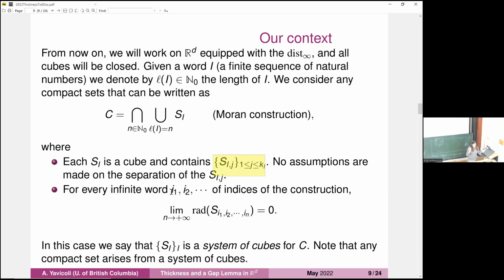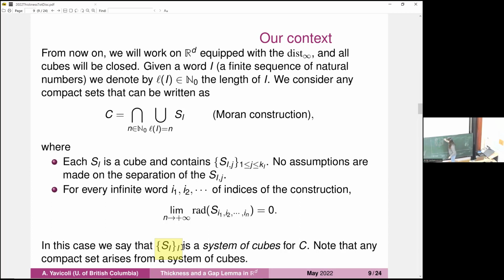And for any infinite word, this means that we are considering sets that are nested. The limit of the radii is going to 0. In this case, we say that this family S_i is a system of cubes for the compact set C. In the case of the classical product of the same Cantor set, it's quite obvious the family of cubes we are going to consider.